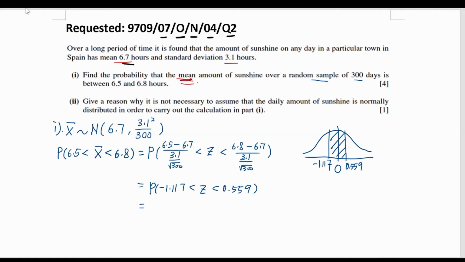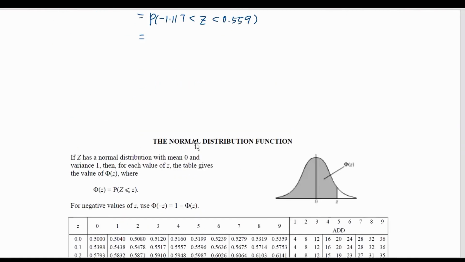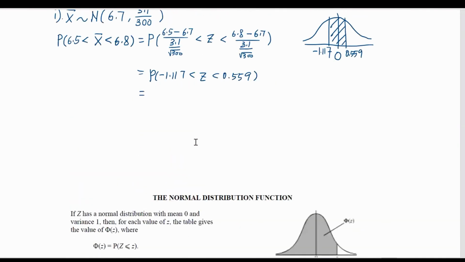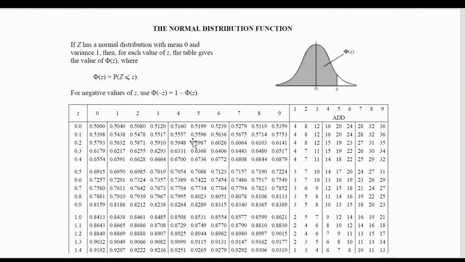So when we refer to the normal distribution table, we try to look for the z-score 0.559. So when the z-score is 0.5, and then 5 and 9, the corresponding probability will be here. 0.7088, and the value for 9 is 31.